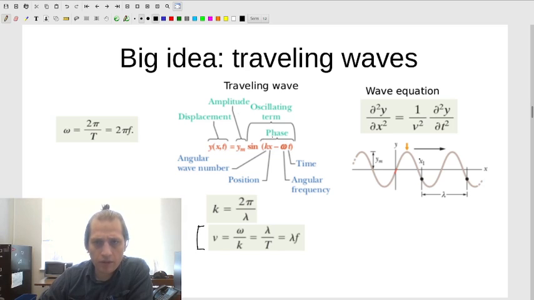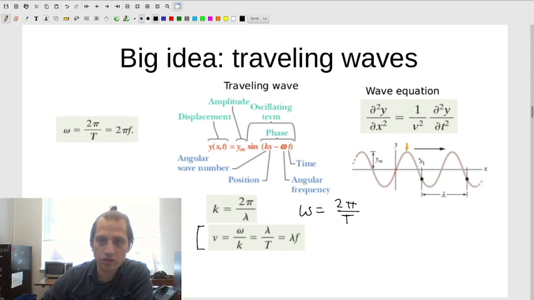So this expression looks very similar, but the reason why it's different is that in addition to the omega, which again is just 2 pi over the period, the period is how long does it take the string to go from the top to the middle to the bottom to the middle to the top.